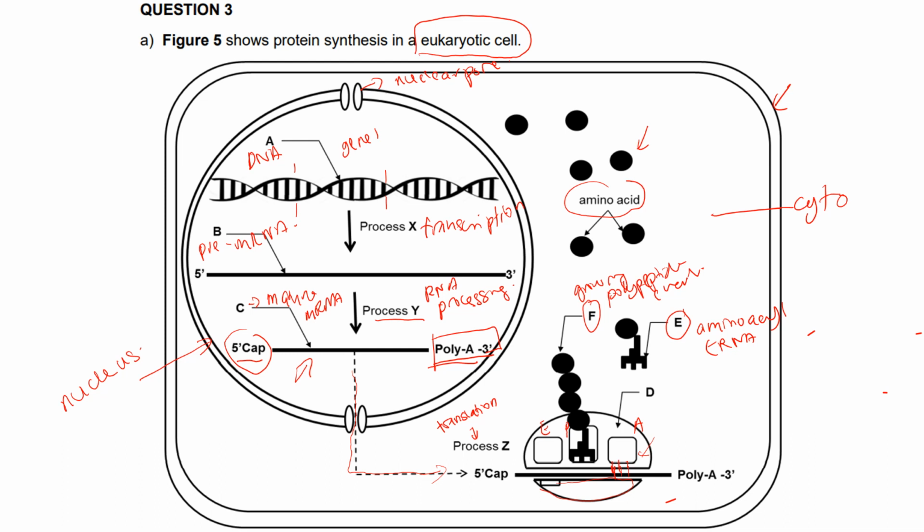The P site is the site where the tRNA that holds the growing polypeptide chain will be, and the E site is the exit site for the tRNA. So in this diagram, you must understand the process of transcription and also translation in protein synthesis that occurs in eukaryotic cells.